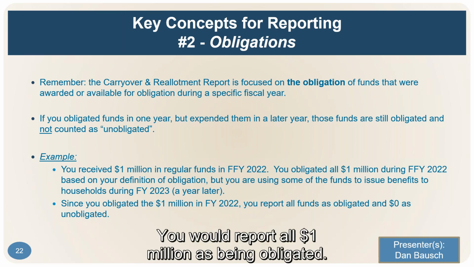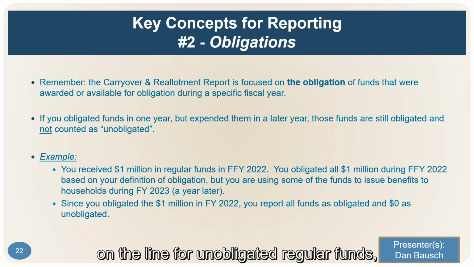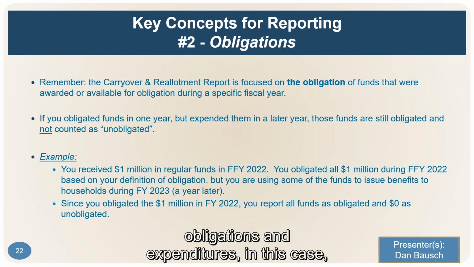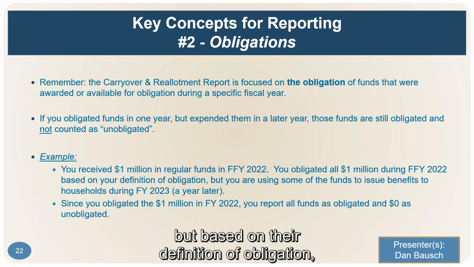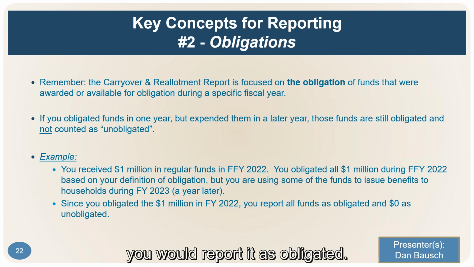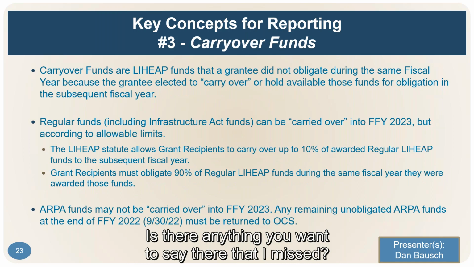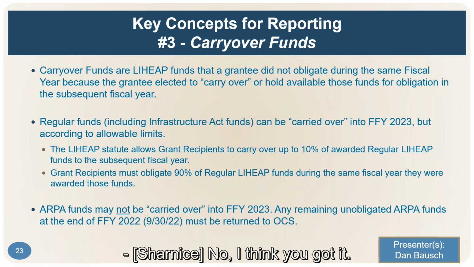You would report all $1 million as being obligated. So in your carryover and reallotment report, on the line for unobligated regular funds, you would report $0, because again, they haven't expended all the funds, but based on their definition of obligation, you would report it as obligated. Melissa, is there anything you want to say there that I missed? No, I think you got it.